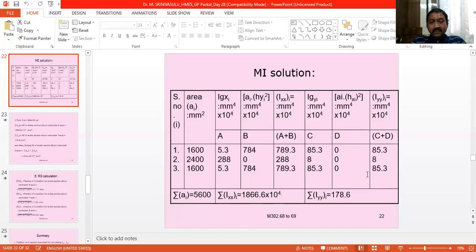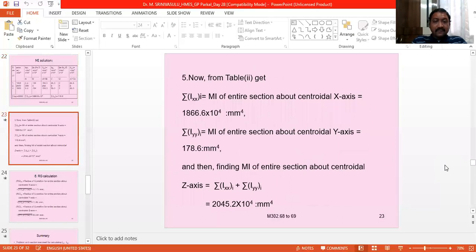And here, if we add the moment of inertia of the given rectangles about the y-axis, we have to add all the things. So this is equivalent to 178.6 mm4.